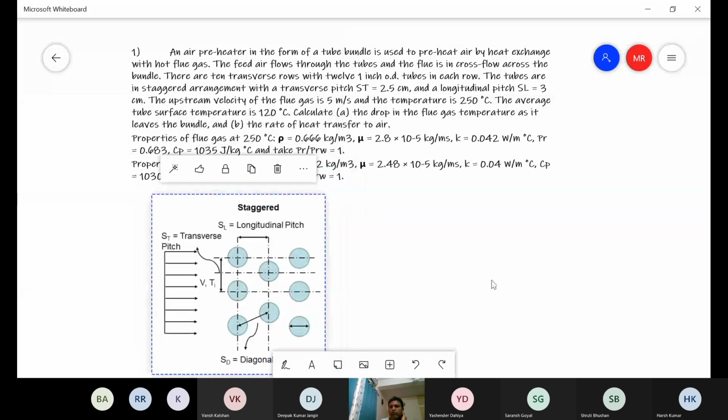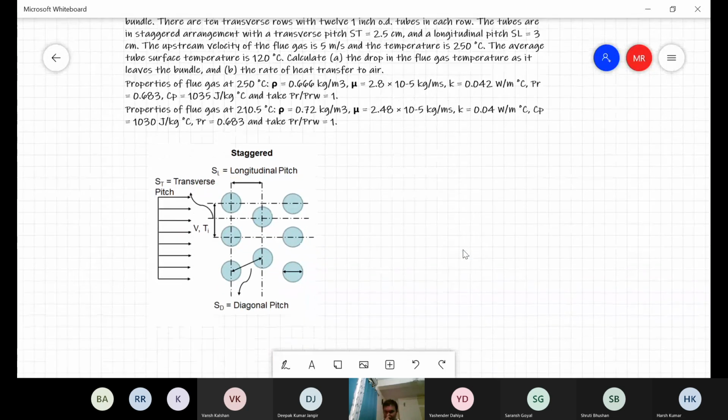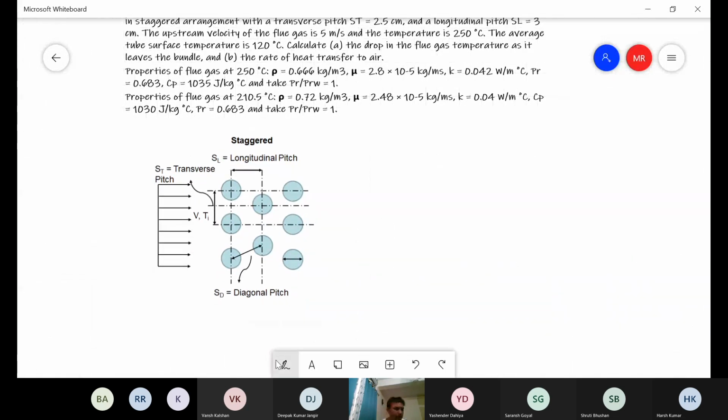Okay, so this is the figure which we have seen in our class lecture, isn't it?